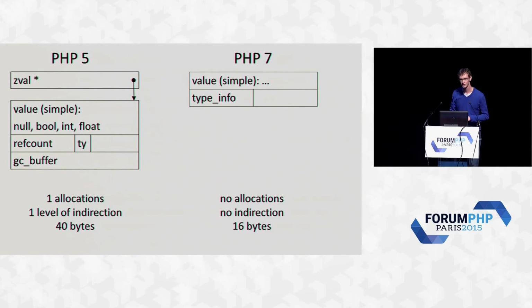And this GC buffer is used in the cycle collector, which collects unused cyclic references. And the thing is, there is no way an integer can be part of a cycle. That's simply not possible. And still we have to keep around this value. And PHP 7 just gets rid of all this overhead.